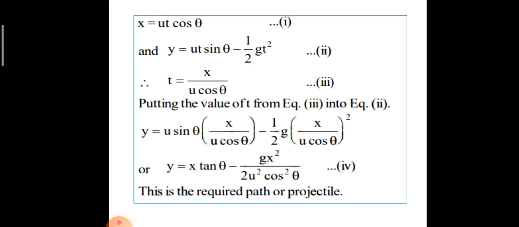So, we have already discussed that t is equivalent to x by u cos theta.